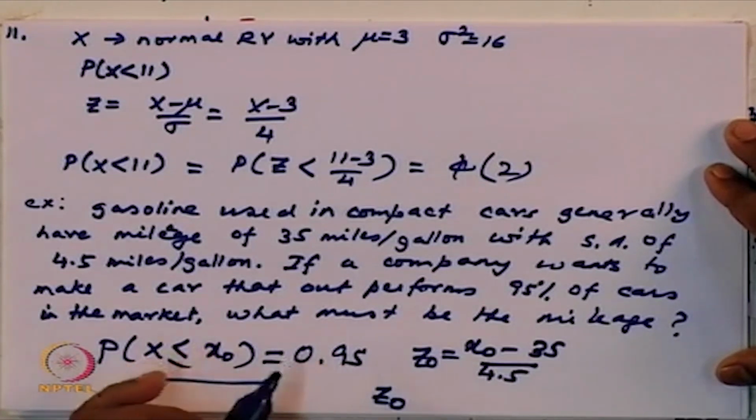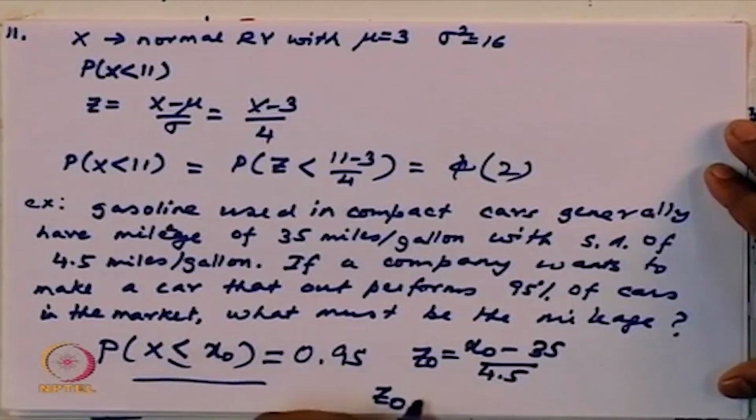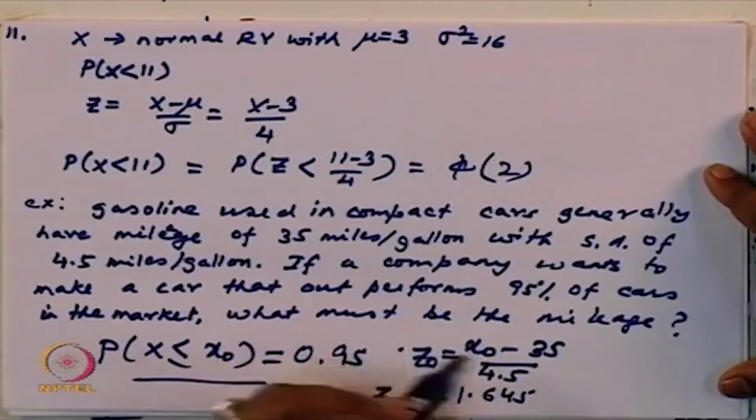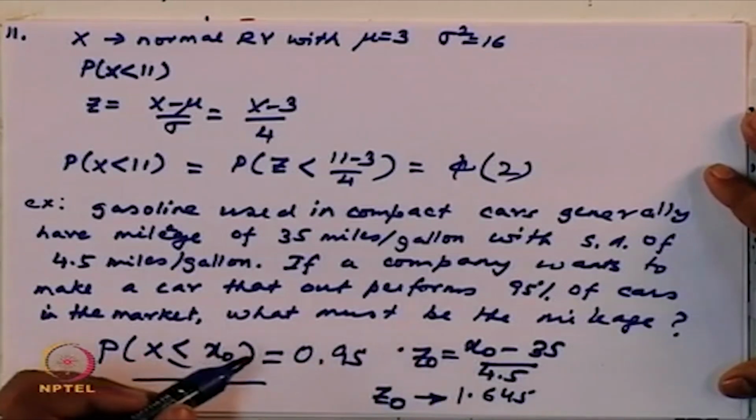If you look up the normal distribution tables, you will see that z naught is roughly 1.645. Then you can use this equation to invert and find out the value of x naught.